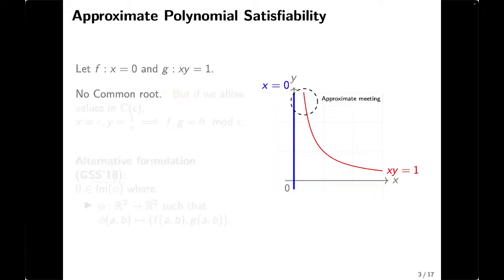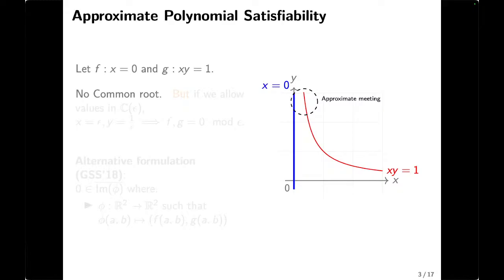But sometimes exact polynomial satisfiability can be a very strong ask. So, similarly, we can define approximate polynomial satisfiability. Here we have the polynomials x equal to 0 and xy equal to 1. Geometrically, these two curves never meet, so there is no exact solution. However, if you go nearer and nearer to the y-axis, you see that they sort of converge.